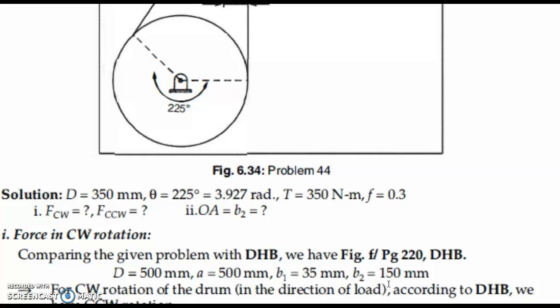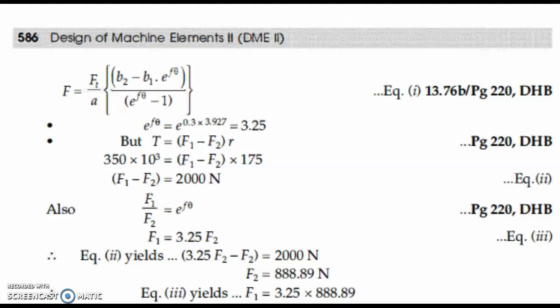Now use the equation F is equal to Ft divided by A into B2 minus B1 into e raised to mu theta, divided by e raised to mu theta minus 1. That is in our data book equation number 13.19F.